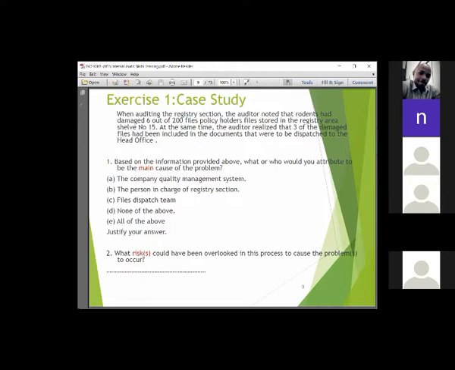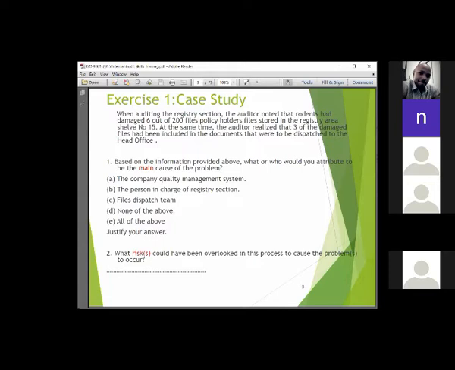And the way you have justified your answer, just like I think Nicholas has said, we are looking at the main cause and you want to solve this problem. If there was a very effective quality management system, it will ensure that they have engaged a reputable pest control firm to ensure that rodents are not there.